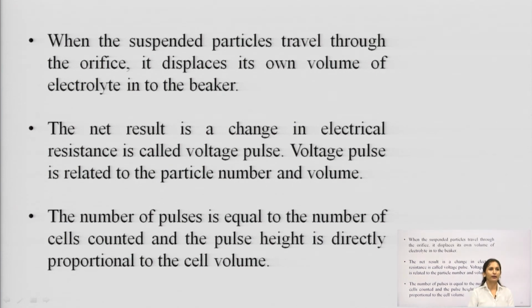The net result is a change in electrical resistance, called a voltage pulse, and this voltage pulse is proportional to the size of the particle, that is, the volume of the particle. So the number of pulses is equal to the number of cells counted, and the pulse height is directly proportional to the cell volume.